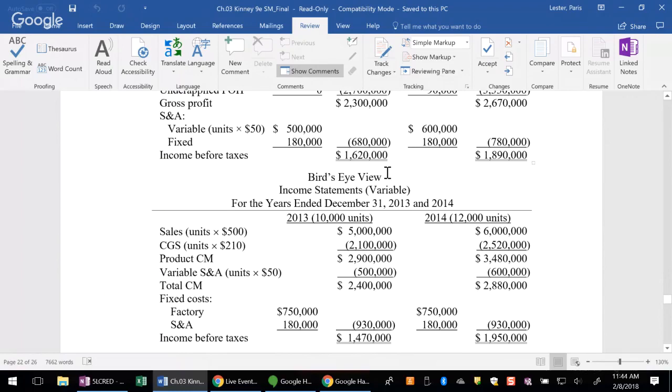We had some leftovers in inventory, we had more inventory in the ending. Here's the difference in beginning and ending inventory: 2,500. Now, multiply that 2,500 times what? 60, the fixed overhead rate. 2,500 times 60 would be 150. Don't actually do that on a test, but it's good to know that.